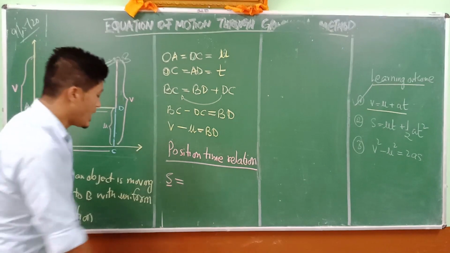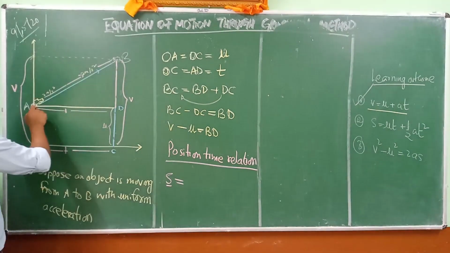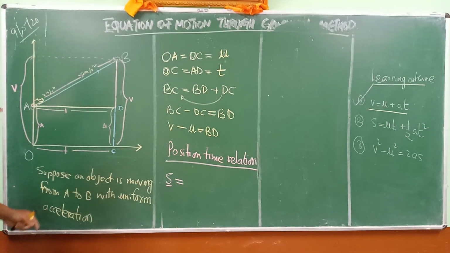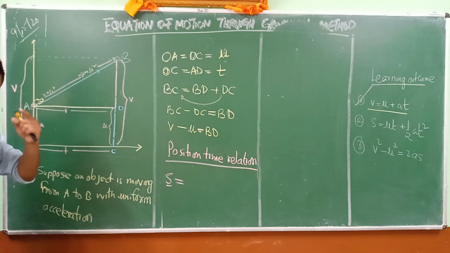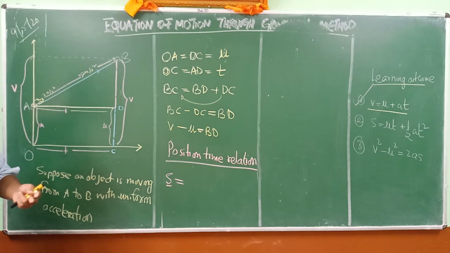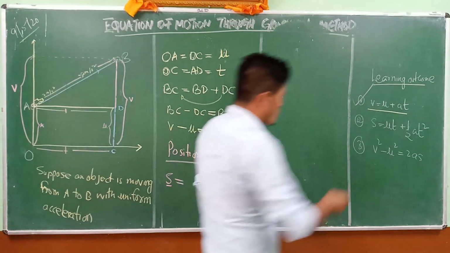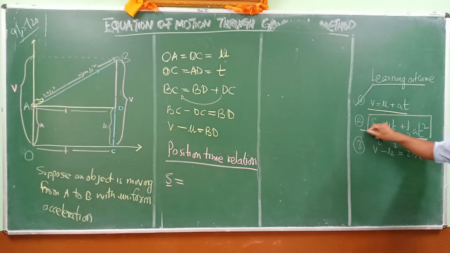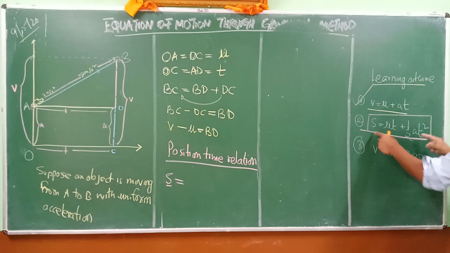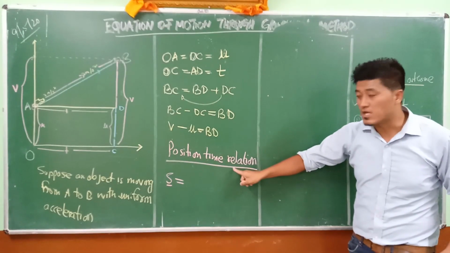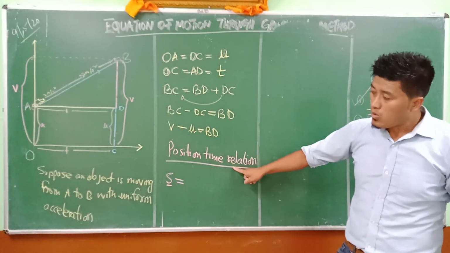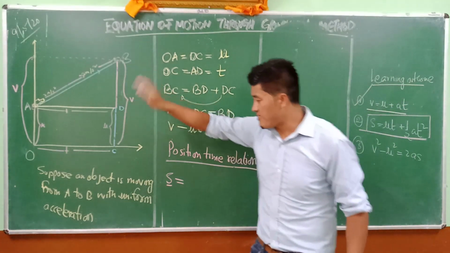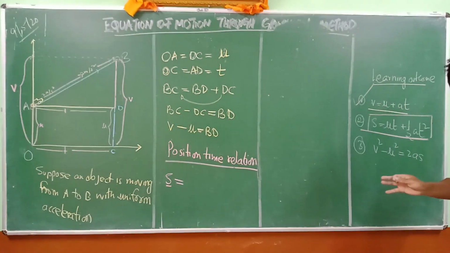Now listen here, what we are trying to do is derive this equation, S is equal to ut plus half at square. And this equation is also called the position time relationship. Understand? Now, this graph is the same for all three equations.